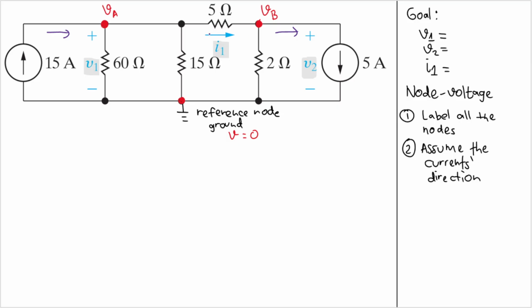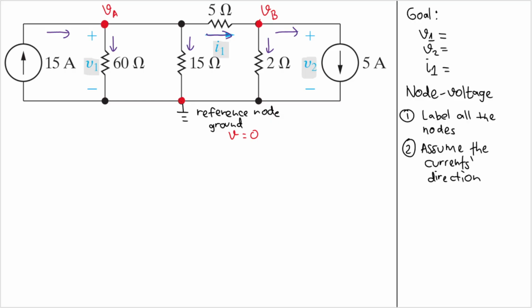We have already been given I1 here. I just follow the direction. So we will have it like this. And then for the other components, which are vertical components, usually I go down like this. But you can assume another direction. The result will just have the opposite sign to our assumption. But you need to be consistent during the solving. Do not change the direction in the middle of solving, right?